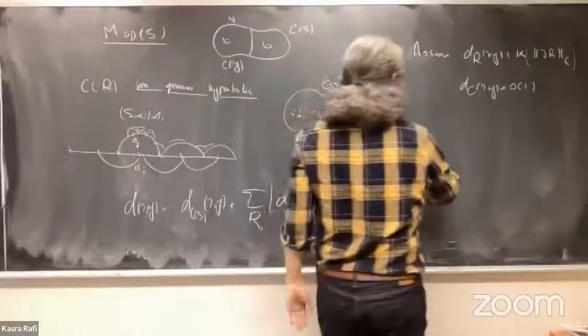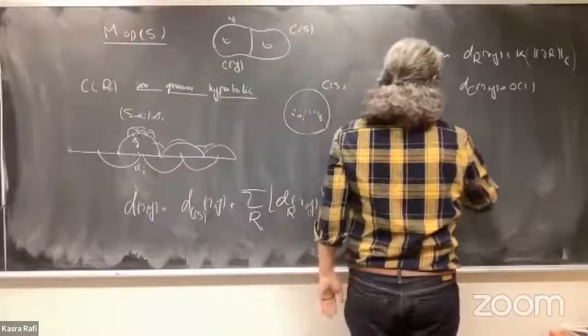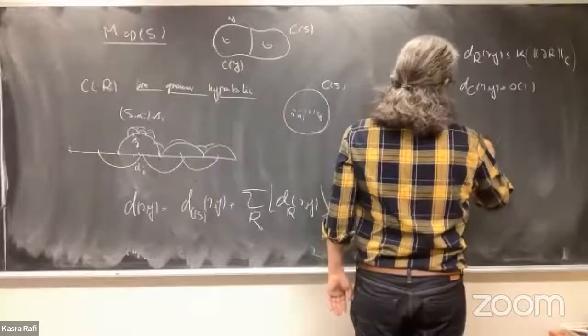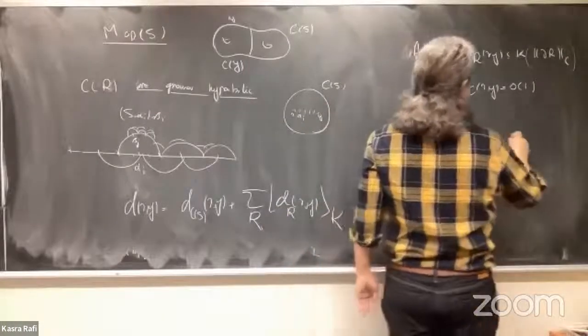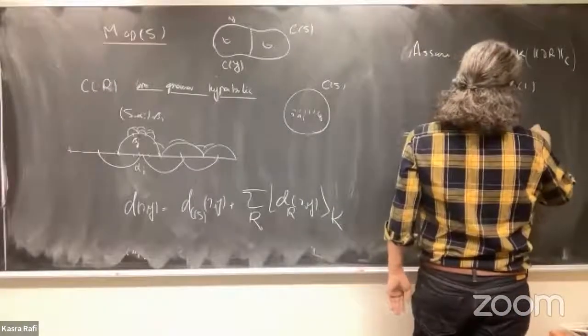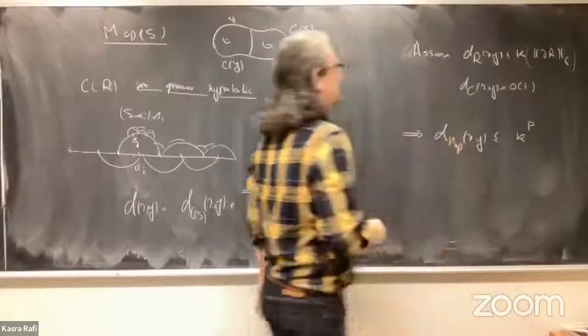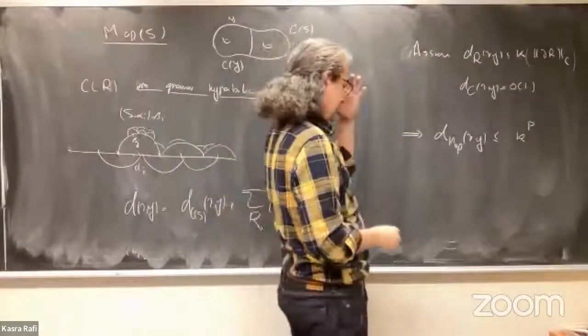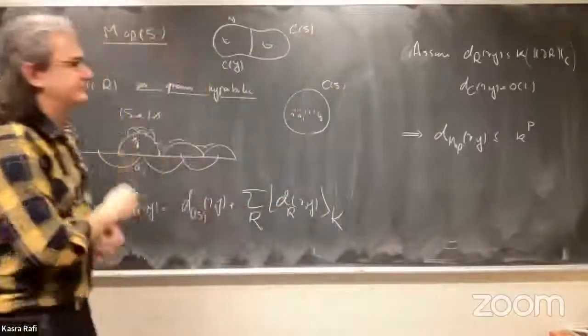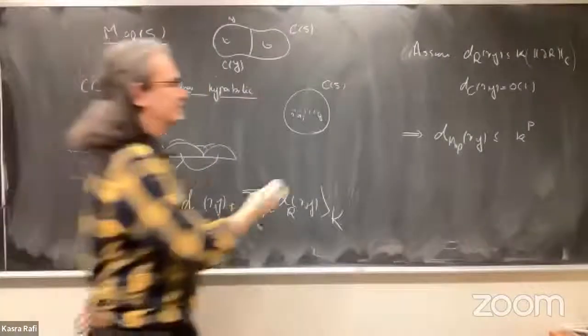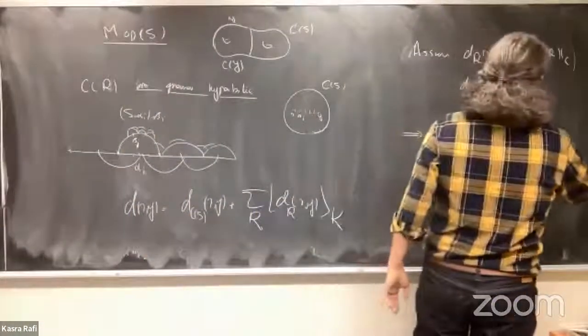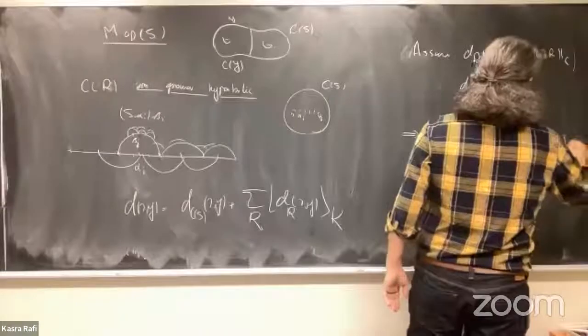So the conclusion you would get out of this is that the distance in the mapping class group between x and y is bounded by kappa to the power of some p, let's say, of the norm of x.